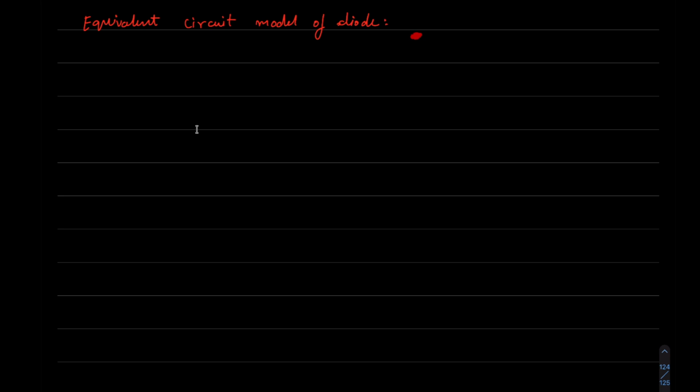In simple language, it simply means the diode in the circuit can be replaced by other elements without severely affecting the behavior of circuit. Diode can be modeled in 3 different ways depending on the accuracy required. And these models are just where we convert a diode into something else.